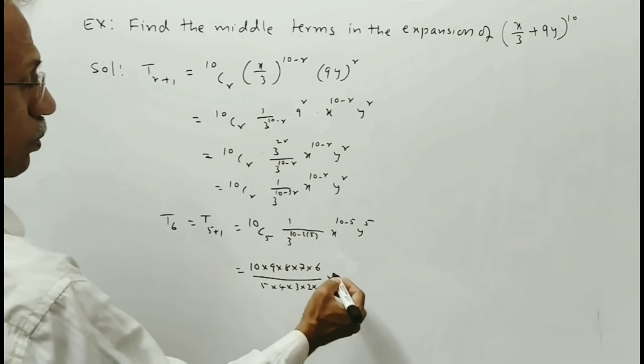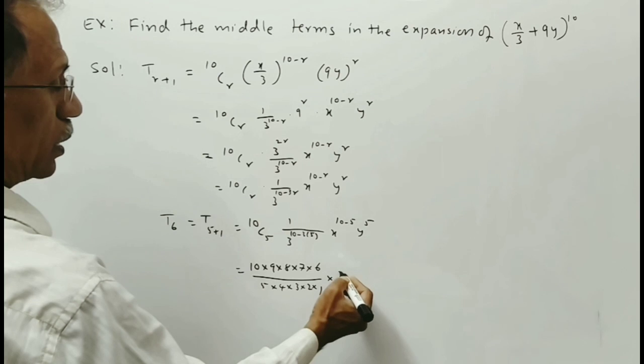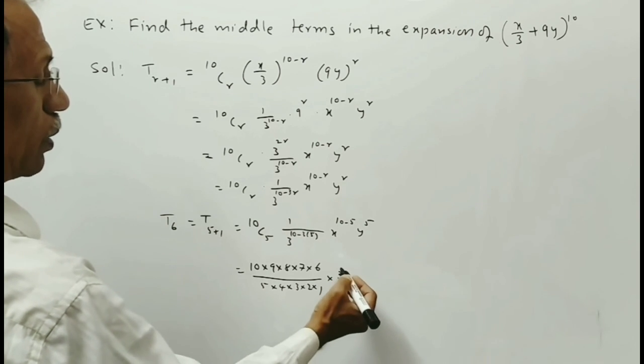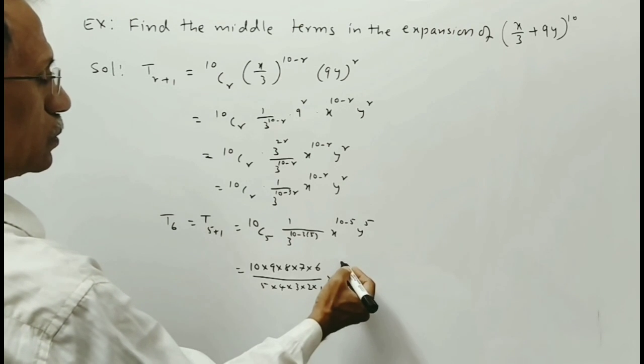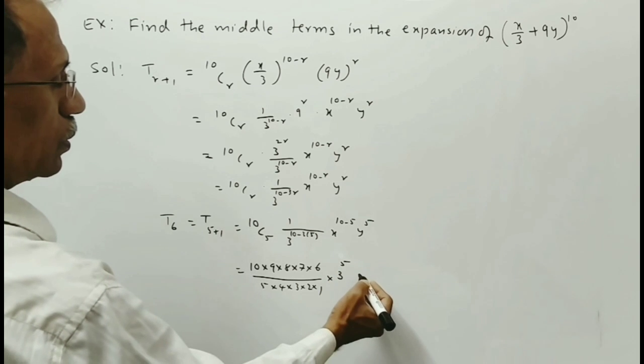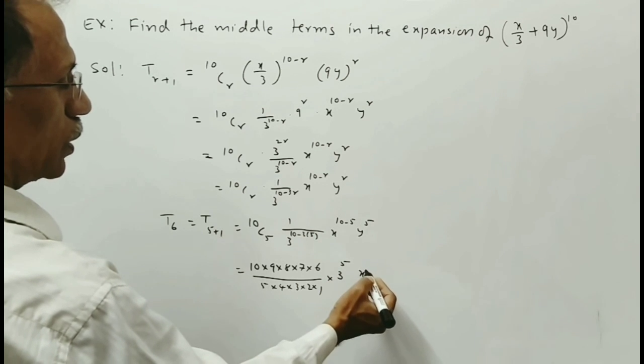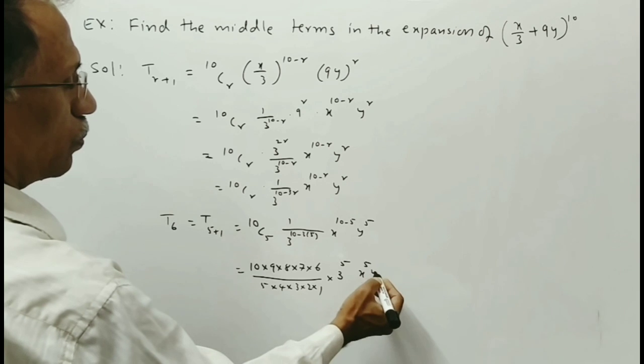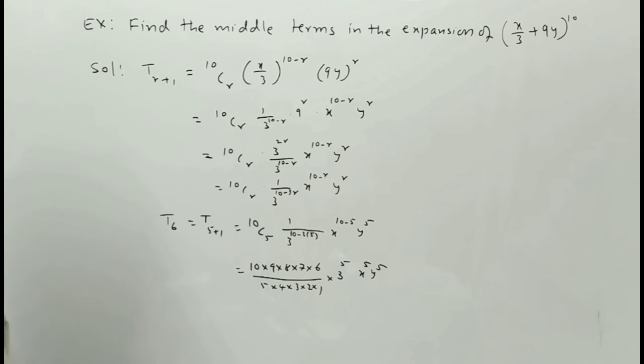When you take to the numerator, we will get 3 raised to the power 5 into x raised to the power 5 into y raised to the power 5.